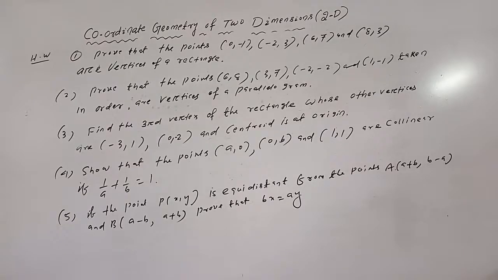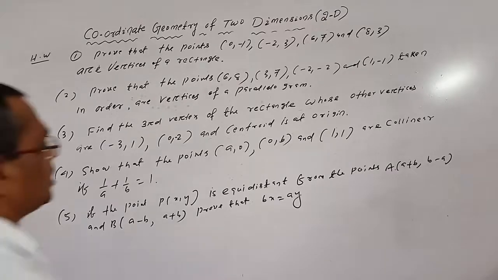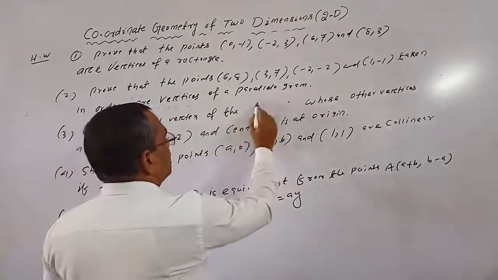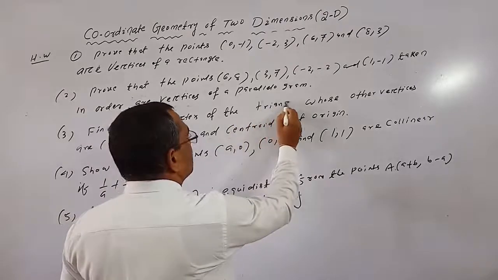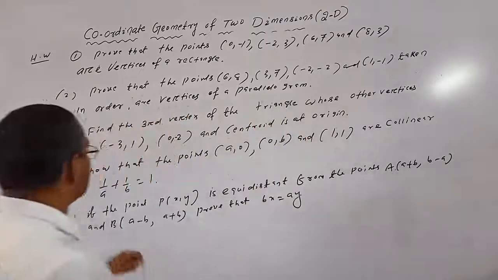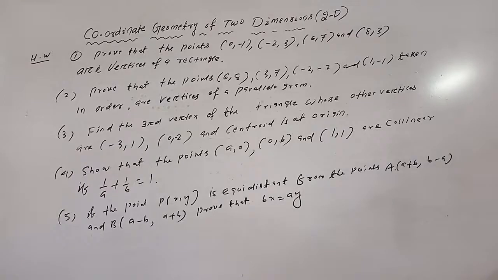Number 3: find the third vertex of a triangle, not rectangle, whose other two vertices are -3, 1 and 0, -2, and the centroid is at the origin.